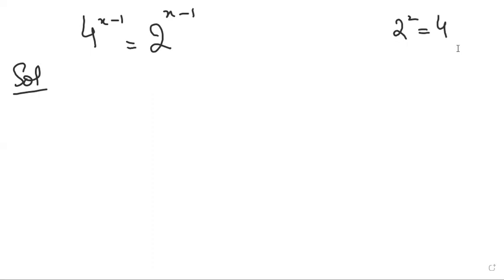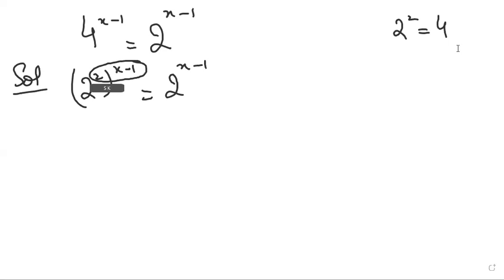So instead of 4, I write 2 to the power 2, and its power x minus 1 remains. Applying the power rule, it will be 2 to the power 2x minus 2 equals 2 to the power x minus 1. Now my bases are the same, so I ignore them and only put the powers: 2x minus 2 equals x minus 1.